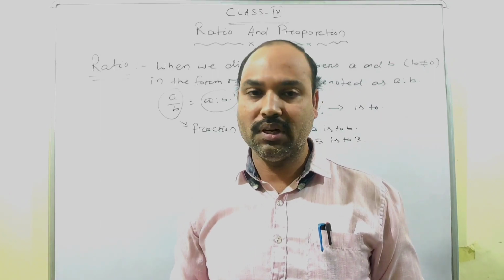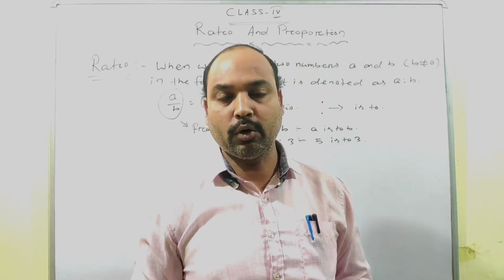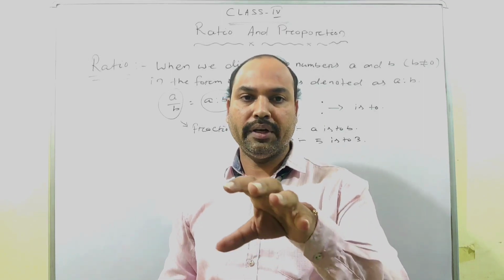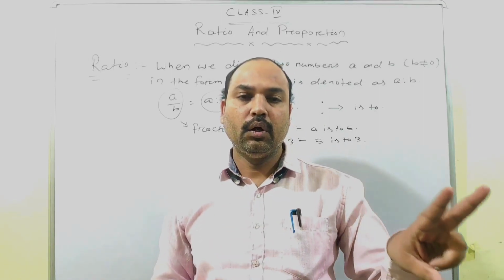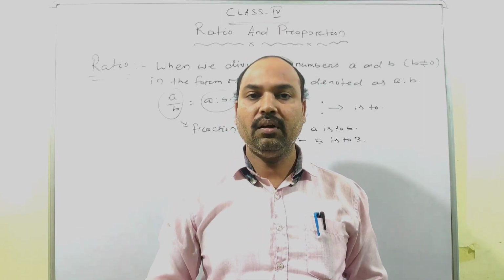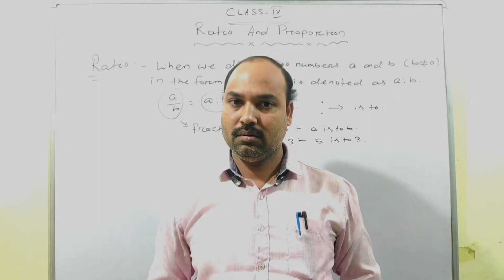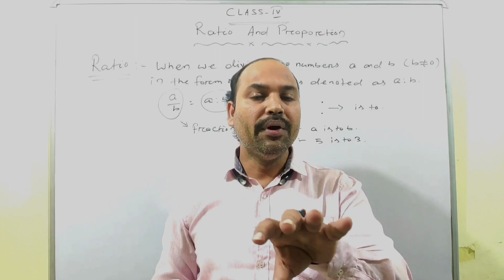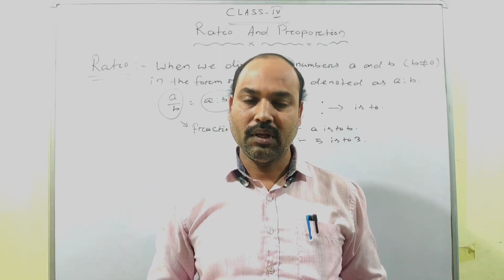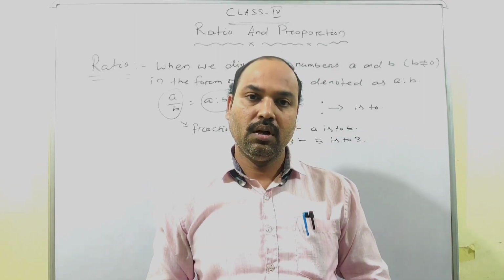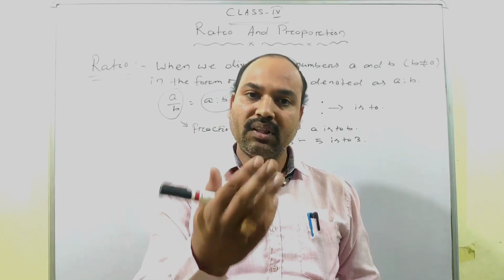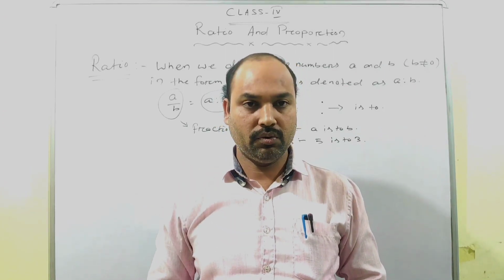Suppose we find the ratio between kilometer and meter. Here the units are different. First we have to convert either kilometer to meter or meter to kilometer. After that, we find the ratio.